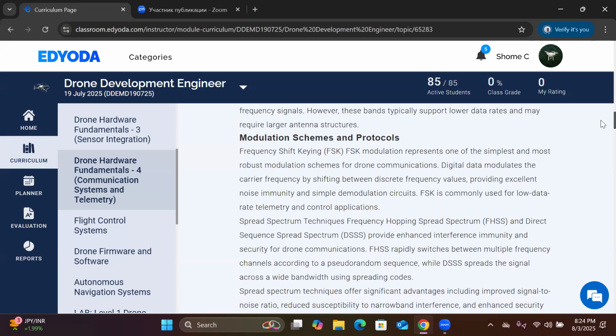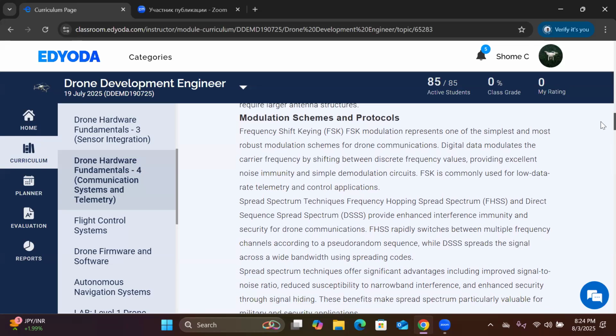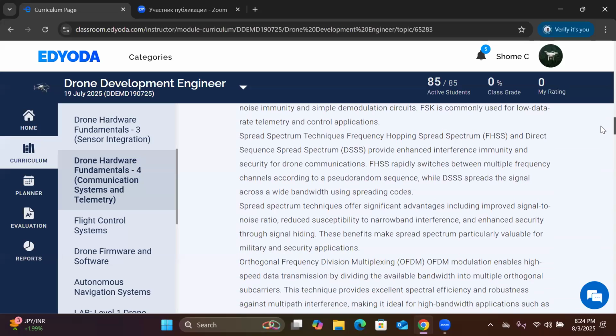While DSSS, direct sequence spread spectrum, spreads the signal across a wide bandwidth using spreading codes. Spread spectrum techniques offer significant advantages, including improved signal to noise ratio, reduced susceptibility to narrowband interference, and enhanced security through signal hiding. These benefits make spread spectrum particularly valuable for military and security applications.